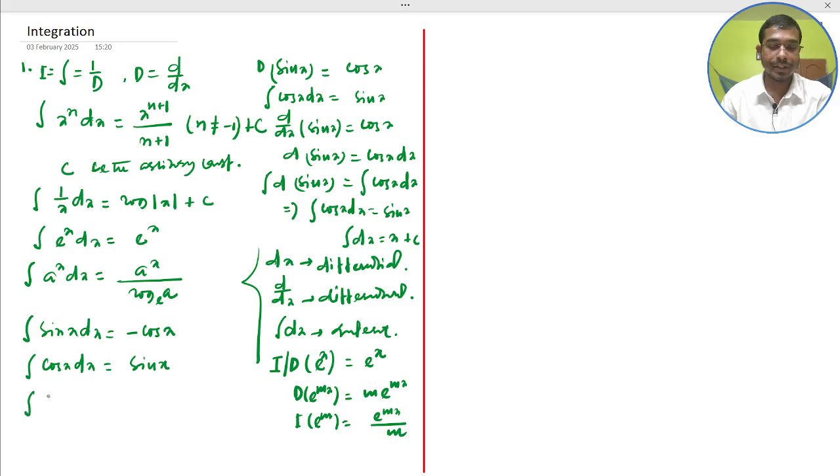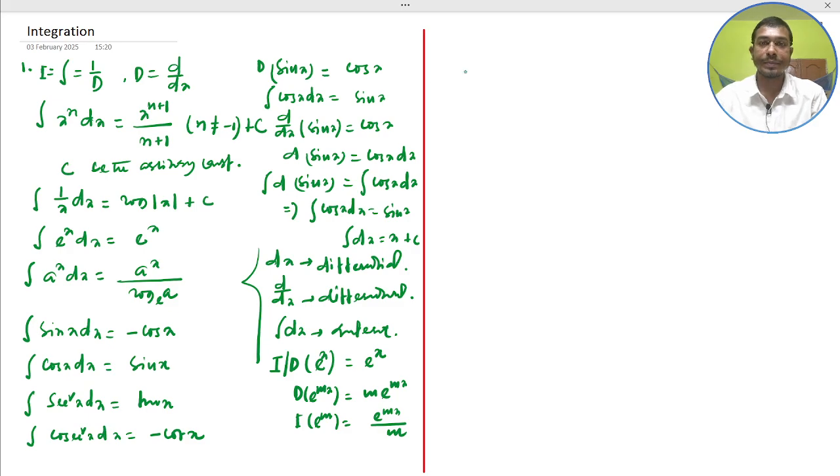Next, integration of sec square x dx is tan x. Integration of cosec square x dx is minus cot x.